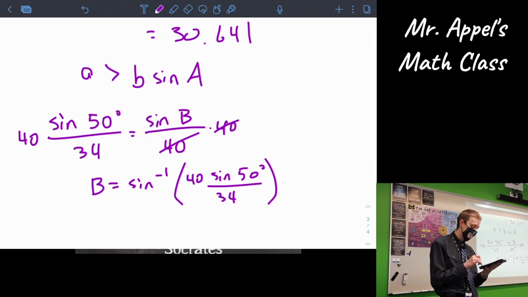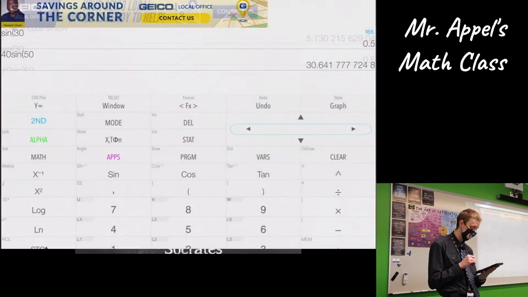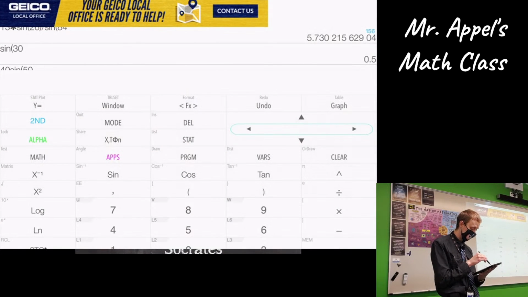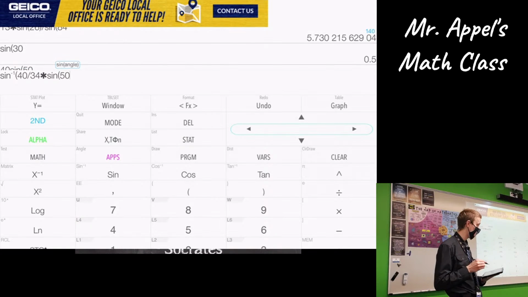Okay, calculator, give me an answer. 40 sine 50, 34. Okay. Sine inverse of 40 over 34 times sine 50.